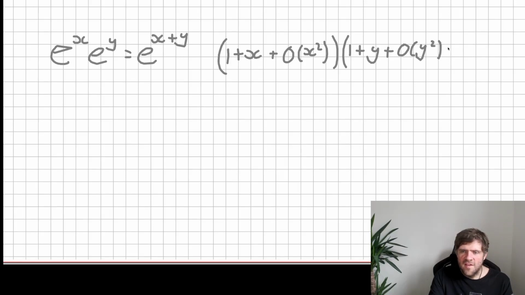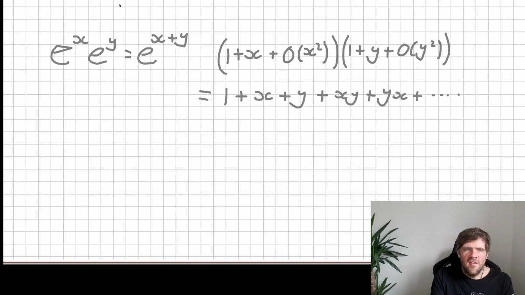And you could actually go up to higher values if you want. And then multiply them together, and you find that this is 1 plus x plus y plus xy plus yx plus and so on. And then you can compare that to what you would get for the Taylor series of e to the x plus y.